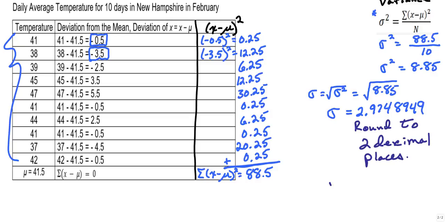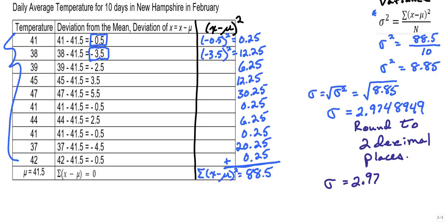That means that the standard deviation for this data set is 2.97, and that's going to be a deviation of degrees. We can put the symbol, or we don't have to, but just remember that we are dealing with degrees, so the standard deviation should make sense being expressed in degrees.